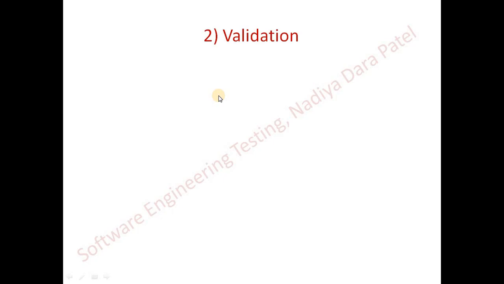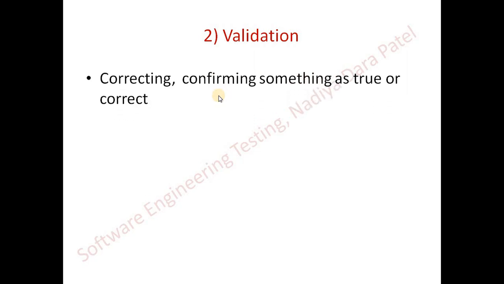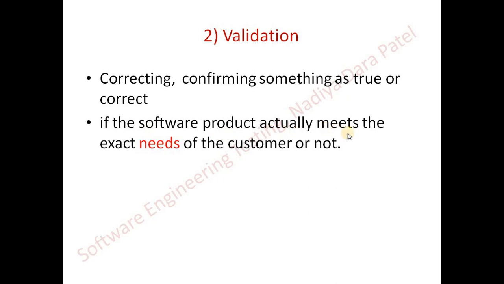Now let us go through what exactly validation means. Again, if you check the meaning of this term, validation or validating means correcting. In the previous phase, you verified the developed software by comparing it with the SRS. Now in this activity, you are going to correct. If you found something to be incorrect, you will be correcting it. We check whether the software product actually meets the exact needs of the customer or not. We will now focus only on customers' needs.